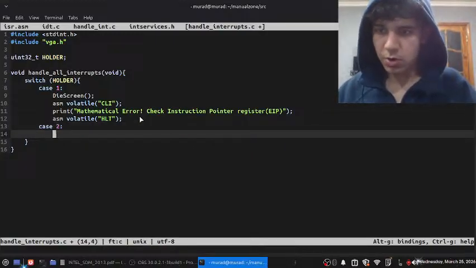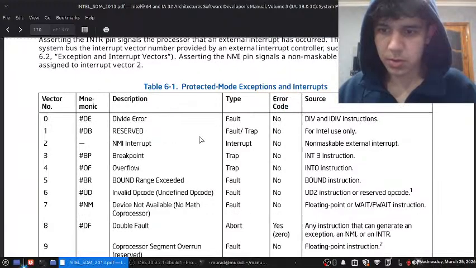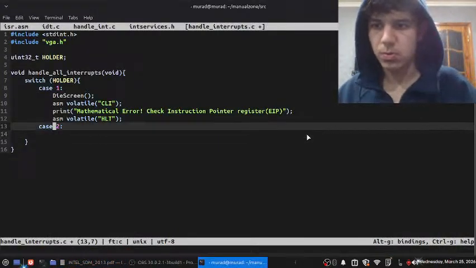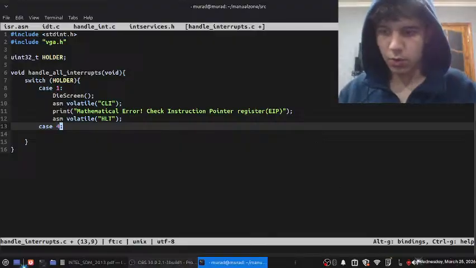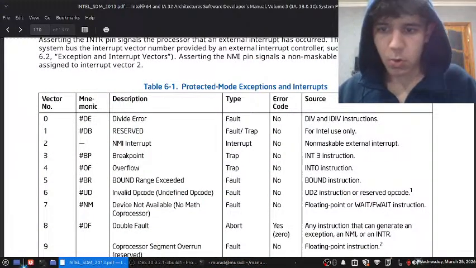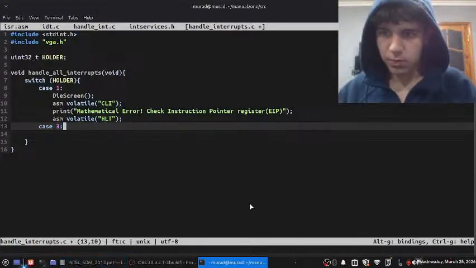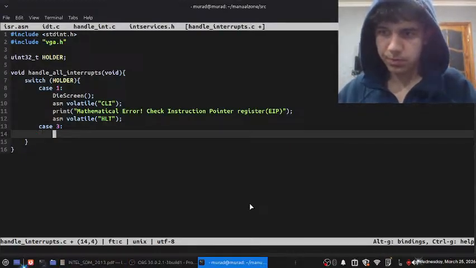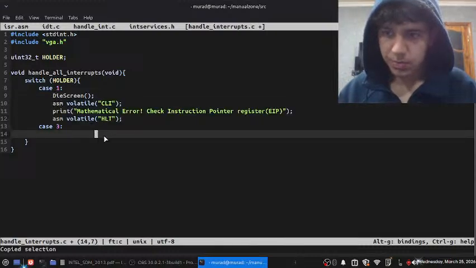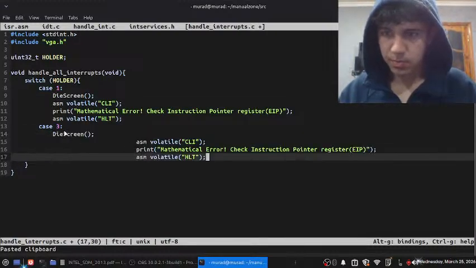Case 2. Okay, what is the second interrupt here? Reserved. Let's go through 4. Overflow. No, close this. And die screen here.